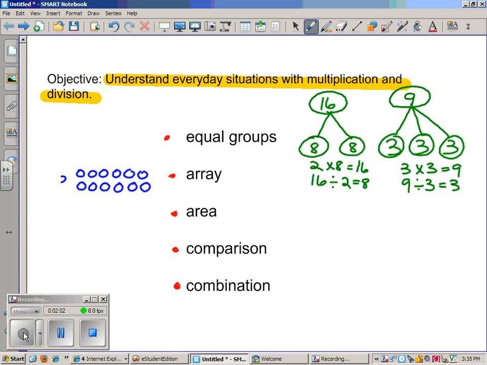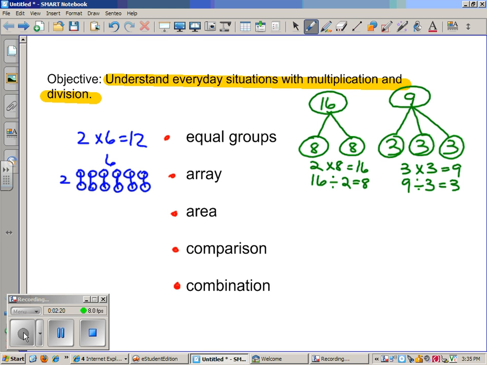Okay, so 2 over here and 6 up top. And then what we would do is we'd count all of those, 2, 4, 6, 8, 10, 12. So we have a total of 12. And we could say then that 2 times 6 is 12. Looking at that right there.